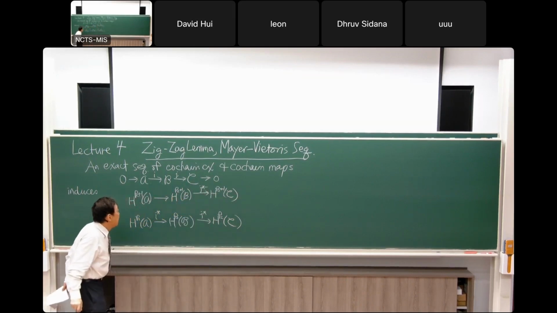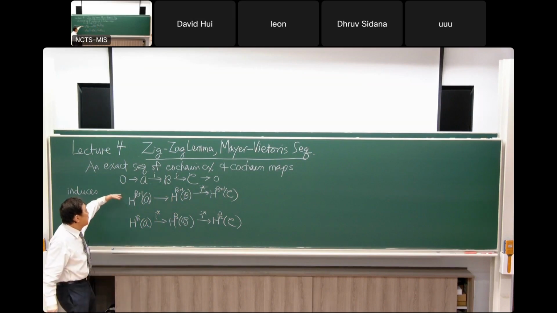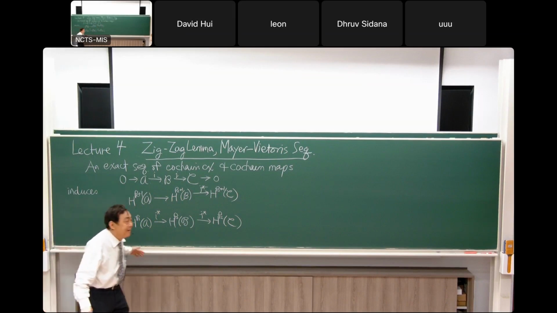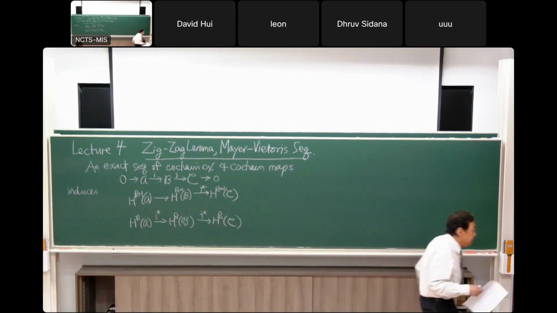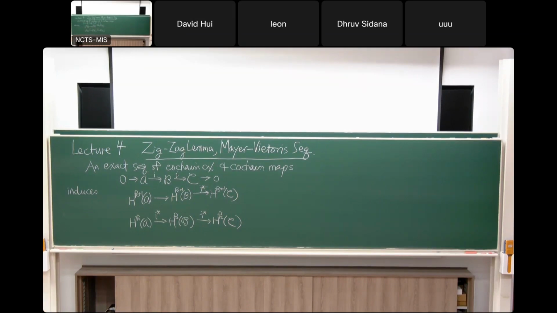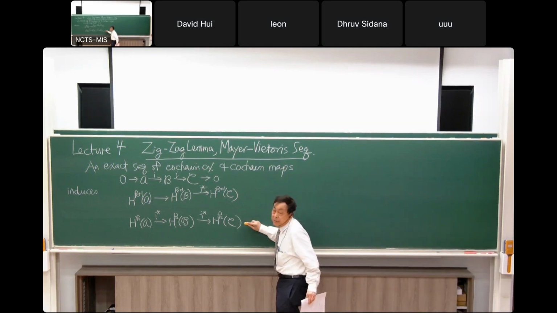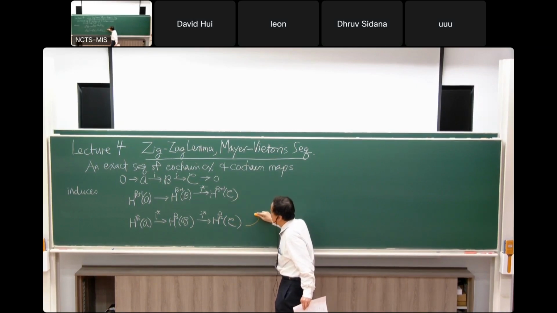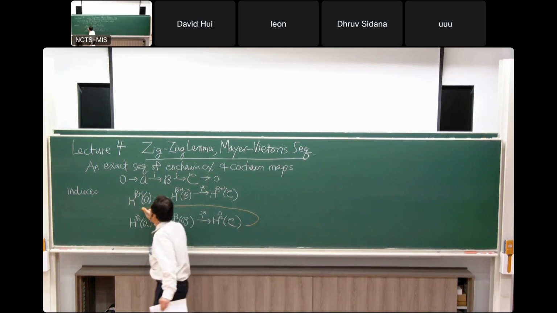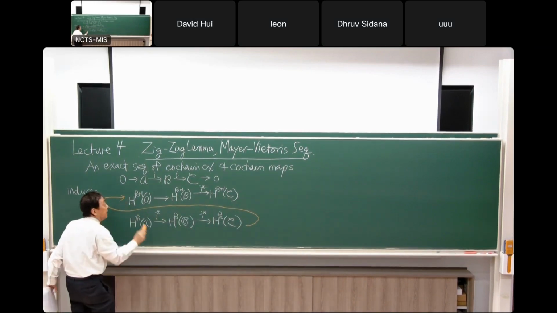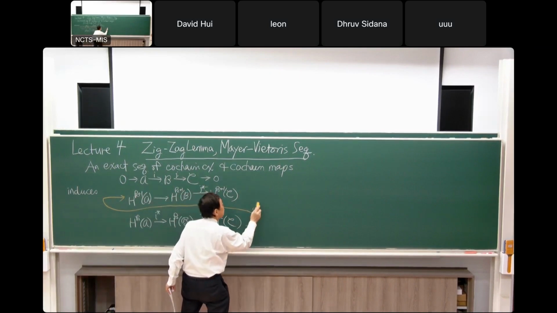Therefore, you have many horizontal rows. Now, what we're going to do is construct a linear map that connects together all these rows. This linear map is going to go from H^k of C to H^(k+1) of A, and I will call it d star.